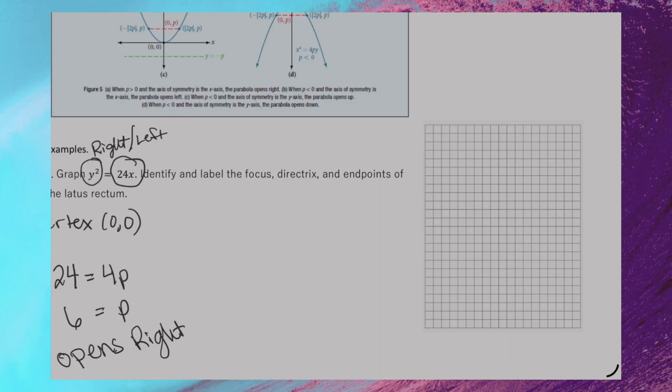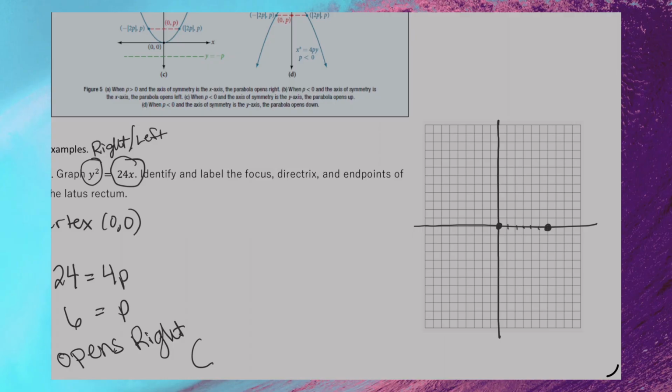So far, I like to plot as I go. Let's have that be the y-axis. There's my x-axis. There's my focus point. I know it opens right, 6 units over in both directions. I know it's going to go this way, so 6 units this way: 1, 2, 3, 4, 5, 6.